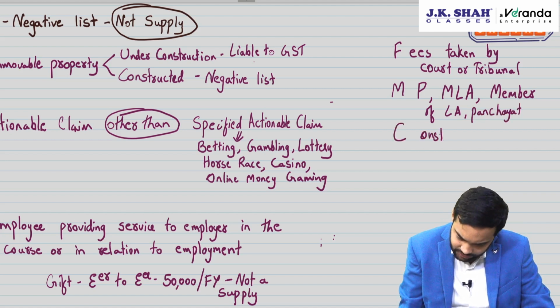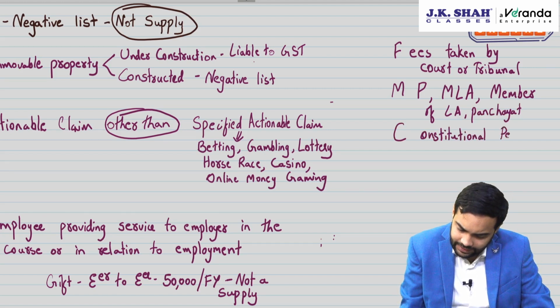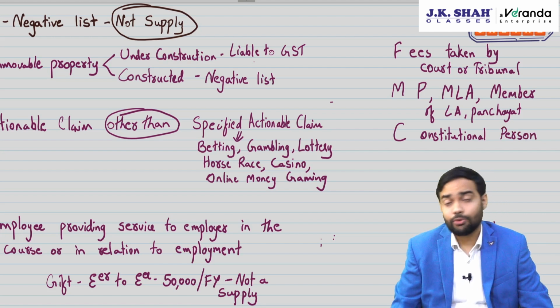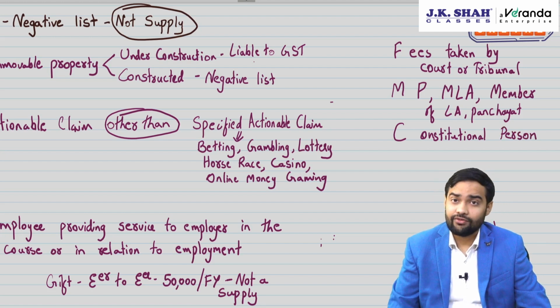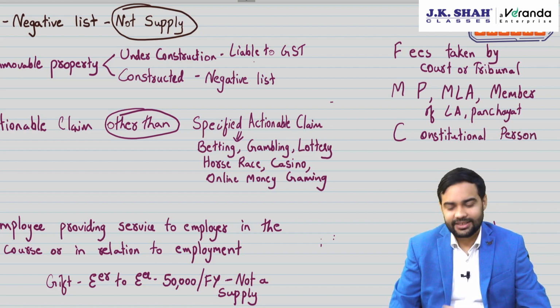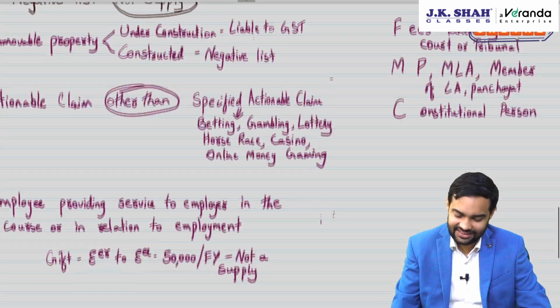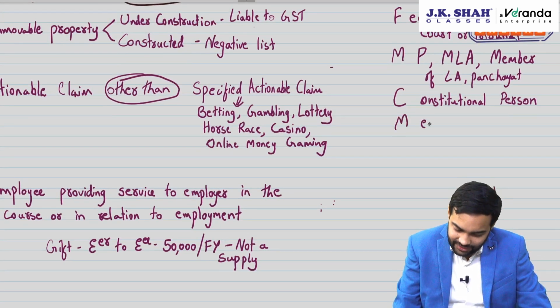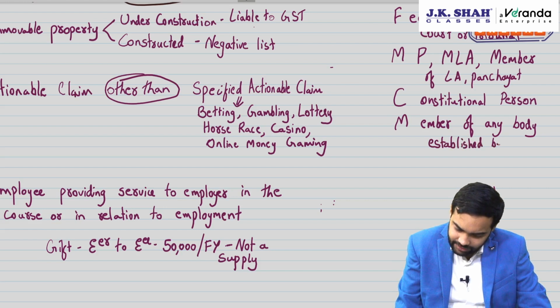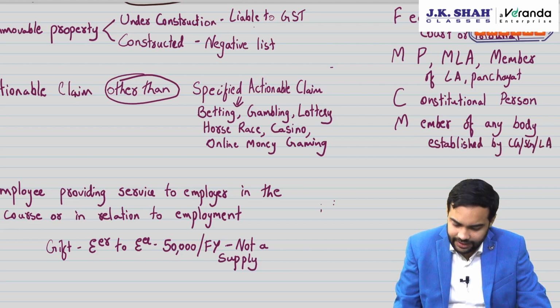Any constitutional person like head of CAG, Comptroller and Auditor General of India, head of Election Commission, President, Prime Minister, they are also covered by negative list. Then we have member of any body established by central government, state government, local authority.